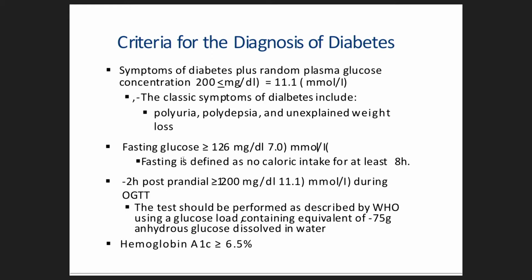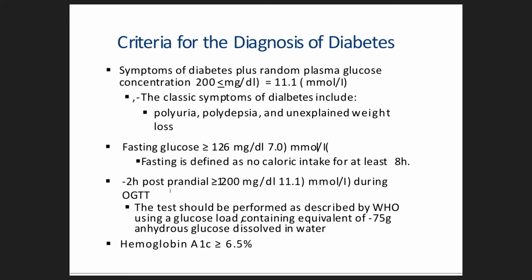Let's see what are the normal readings for a normal person without diabetes. Normal person without diabetes should not have fasting glucose more than 100. And those with diabetes, as mentioned, more or equal to 126. And those with fasting glucose between 100 and 126, that is called pre-diabetes.